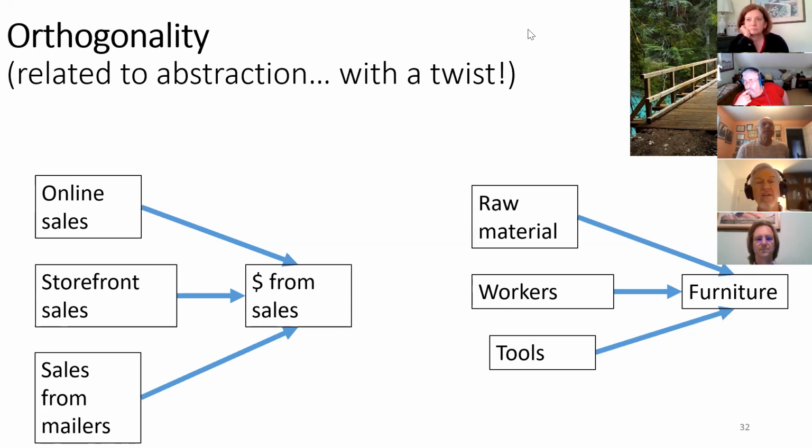Whereas with causal knowledge mapping, we're looking at how one thing causes change in another. For example, here, the more raw materials we have, the more furniture we're able to make. The more workers we have, the more furniture we're able to make, and so on. So that's an important distinction.